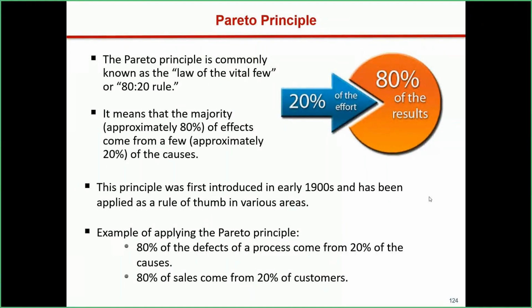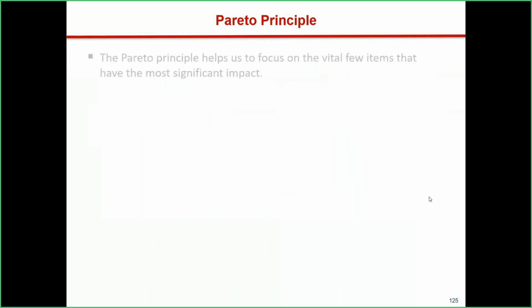So in reality, it will not always be approximately 80-20. Sometimes it might be 70-30 as well. It might be 25-75 as well, but it will be in nearby the same range. So let's dig further into it. The Pareto principle helps us to focus on the vital few items that have the most significant impact.